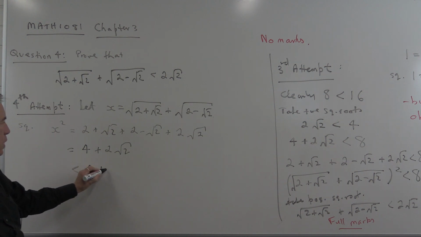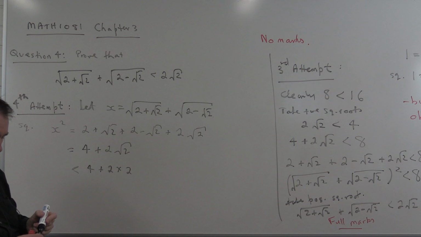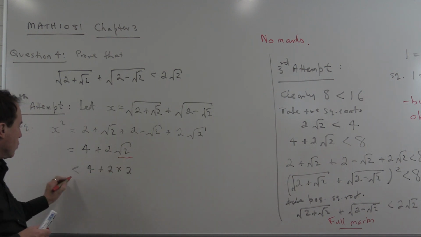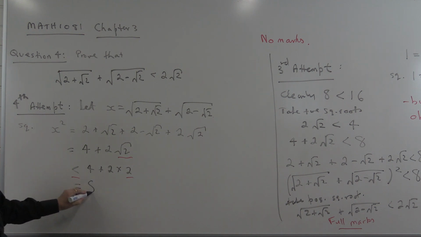Because after all, the square root of 2 is less than 2. So just note that step there. I'm going to say the square root of 2 is less than 2. Having done that then, simplifying that, I get 8. So at this point, I have shown that, therefore, x squared is less than 8. And I should also note that x is positive.